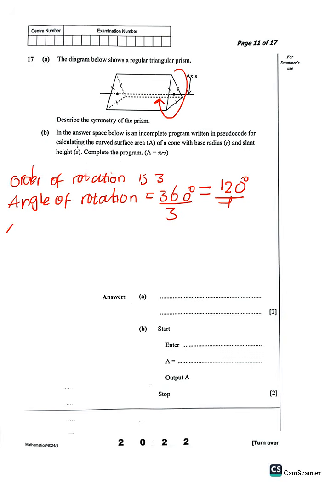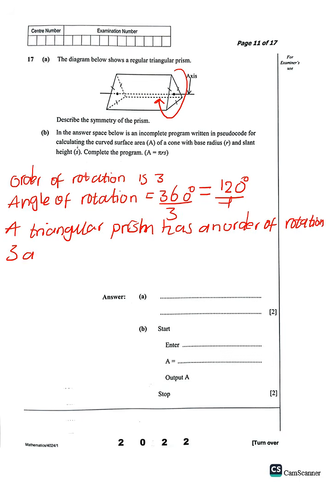So we'll say a triangular prism has an order of rotation 3 and angle of rotation 120 degrees.